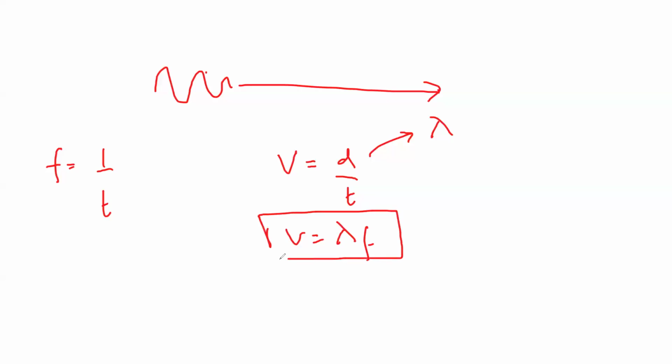So it becomes v equals f lambda. This is called the wave equation, which is applicable for all kinds of waves, where v is the speed at which the wave travels through a medium, lambda is the wavelength, and frequency is the number of vibrations in 1 second, or the number of complete waves in 1 second. So v equals f lambda.